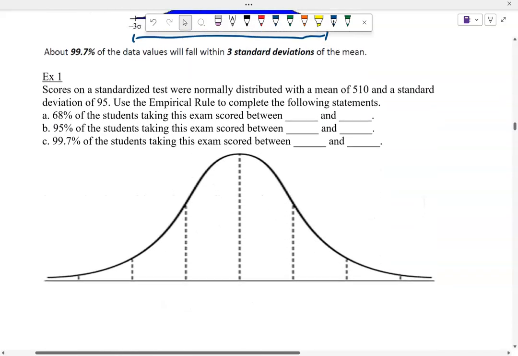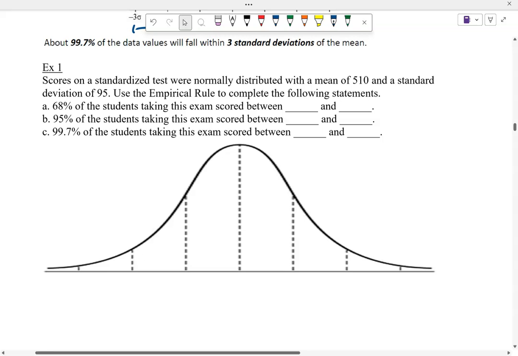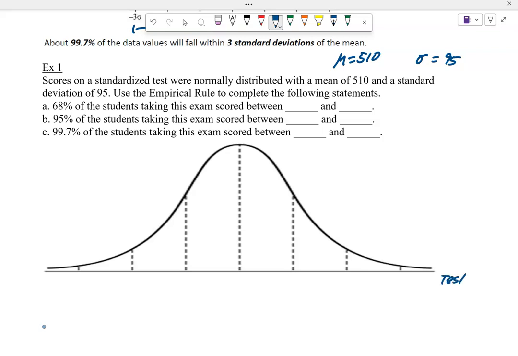So let's see if we can make sense of this with our first example. Let's say we have a mean of 510. This is some standardized test. And then it tells us we have a standard deviation of 95. So let's go ahead and put our test scores on the bottom. It's a mean of 510, right in the middle.